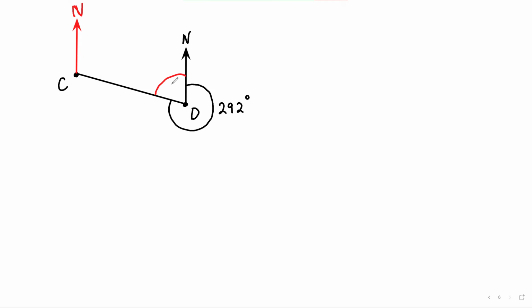This angle will be 360 take away 292, which is 68 degrees. And now I can find the bearing of D from C because that's going to be this clockwise angle over here. That angle and 68 will add up to 180. So 180 take away 68 is 112 degrees. So this angle here is 112 degrees.